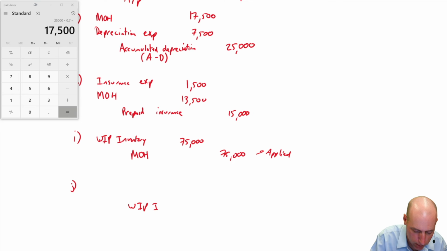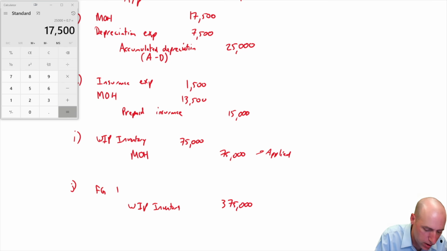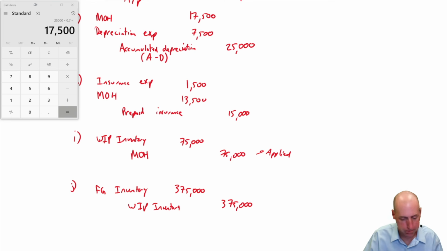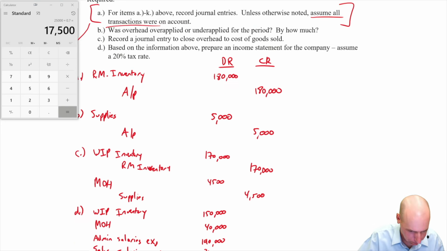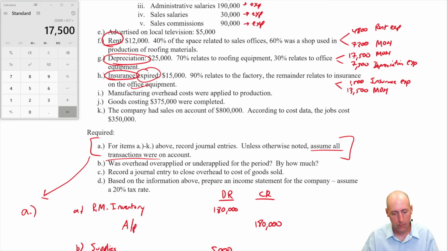It's no longer WIP inventory. 375. And I'm going to debit finished goods inventory for 375. Debit finished goods, credit WIP. Pardon me, I got it backwards. Last one.